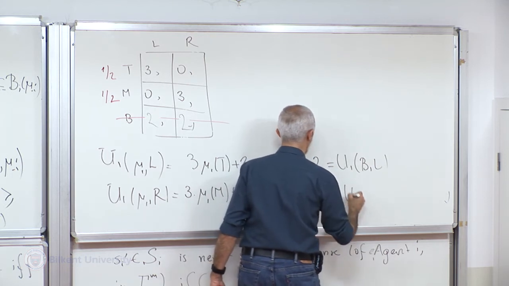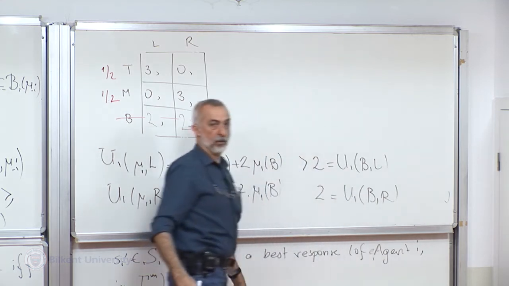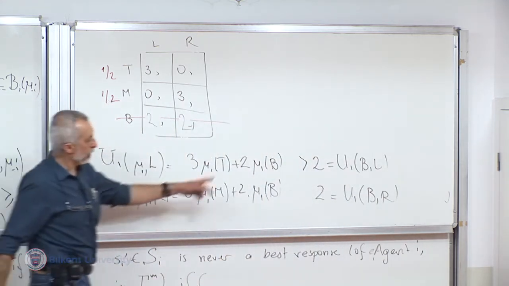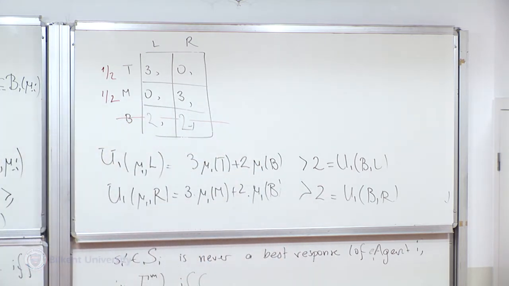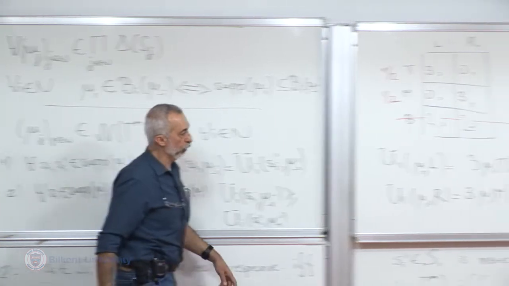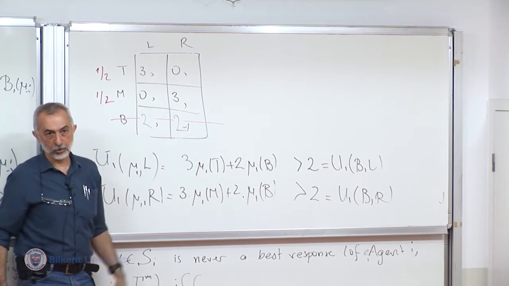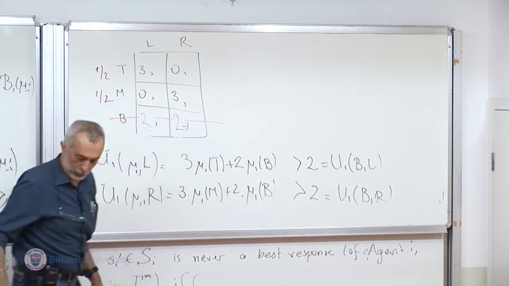Here we have 2, which is equal to U1 of BR. So in the mixed extension game, B is never a best response if there exists a mixed strategy of agent 1 for which these two inequalities hold. But if these two inequalities hold, what happens?